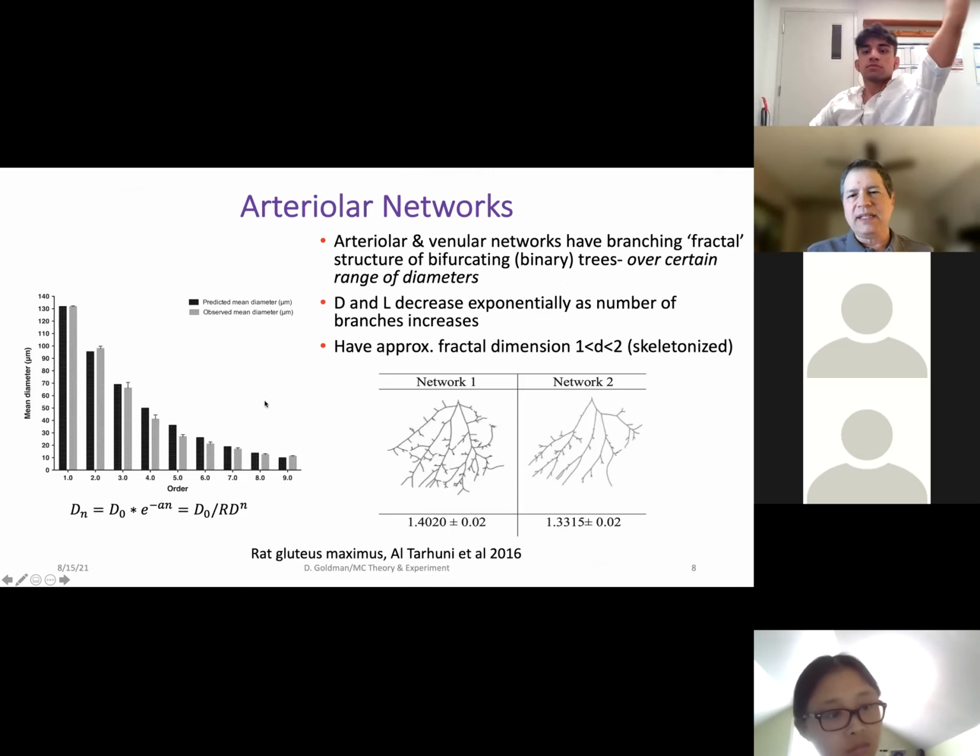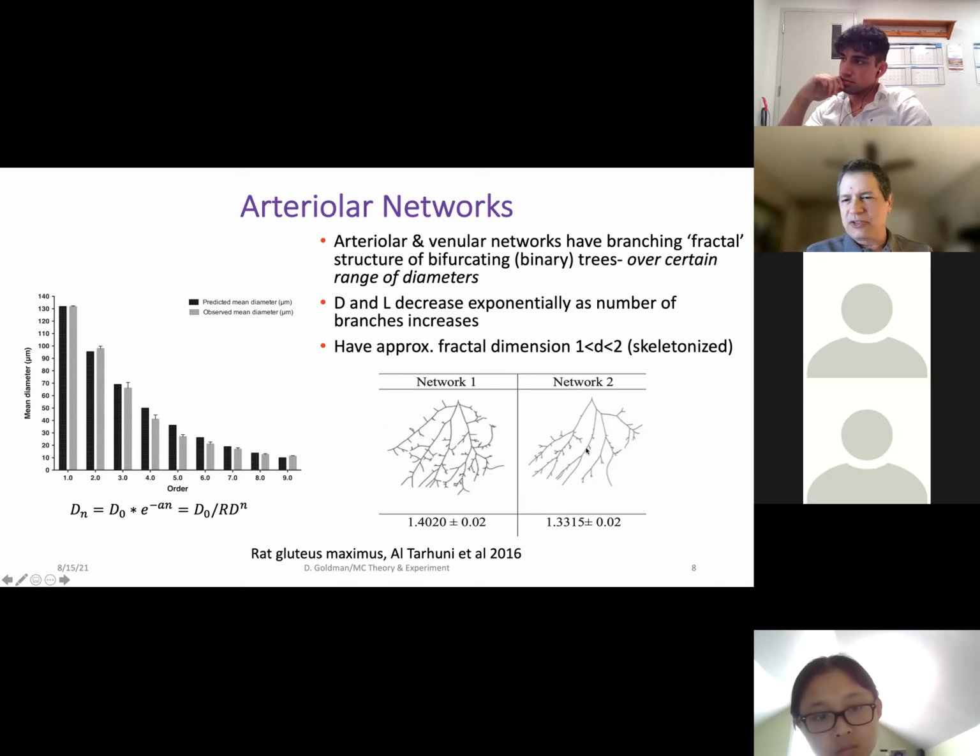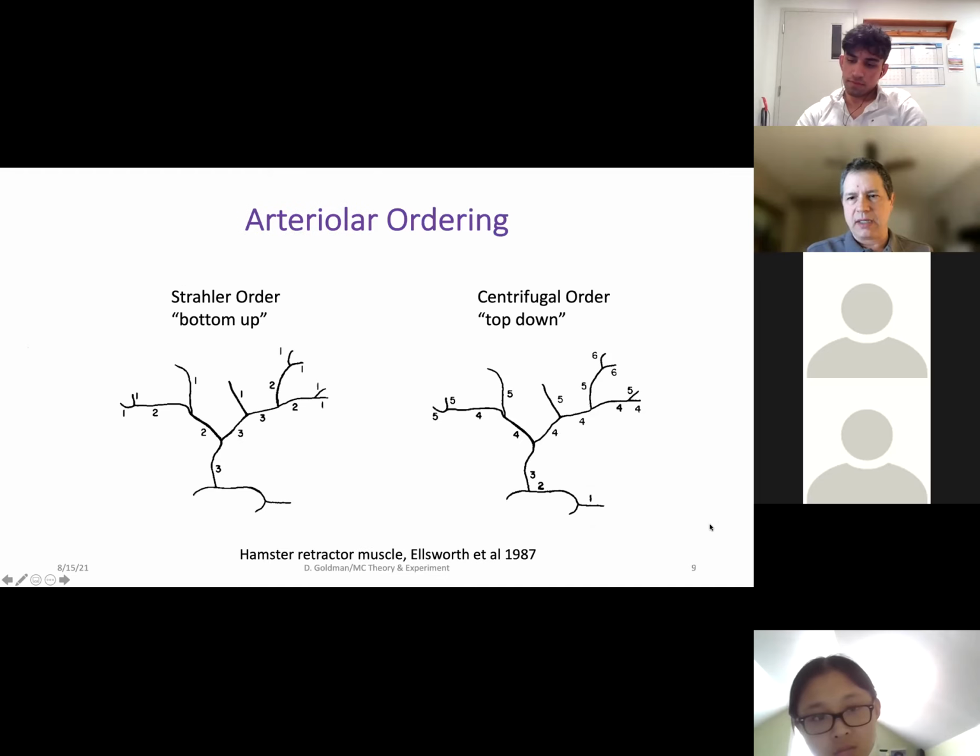If you map them out and put them into some software like ImageJ, you can get a fractal dimension. Depending on which animal and which muscle you're looking at, you may get slightly different fractal dimensions, but it shows that they have this tendency to be fractal in the way they branch. So arteriolar networks definitely are fractal to some extent.